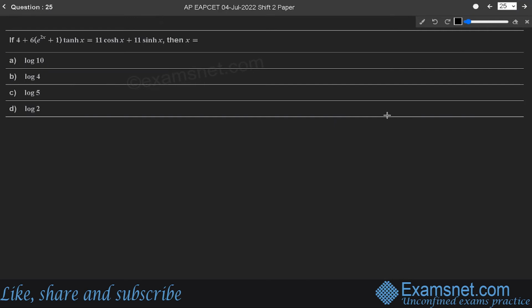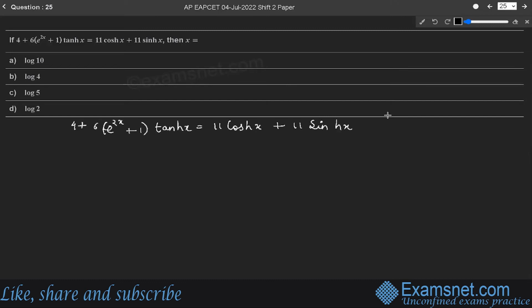Next question is also from trigonometry, and the question is, if 4 plus 6 into e to the power 2x plus 1 into tan hx is equal to 11 cos hx plus 11 sin hx, then x is equal to.